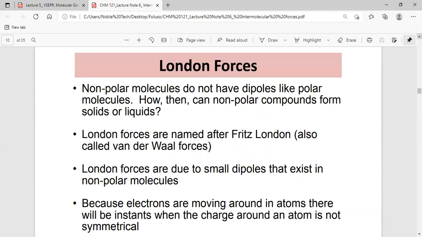The London forces, also called the London dispersion forces. Now, these forces exist in non-polar molecules. They do not have polarization of their bond like you have in the case of a polar molecule.